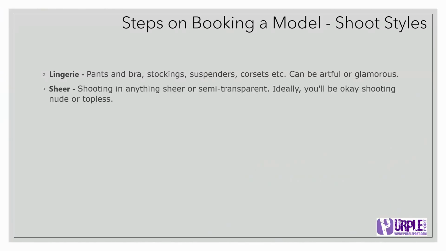The next one would be sheer. So this is shooting in anything sheer or semi-transparent. Ideally, you'll be okay shooting nude or topless. That's not quite true, okay? If you're looking for sheer, it just means the bra, the tops, the netting, the material is technically see-through, and the model knows that because you said it's sheer.